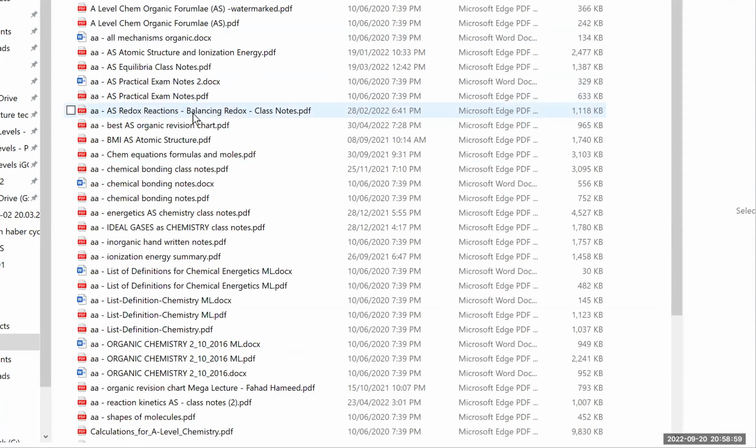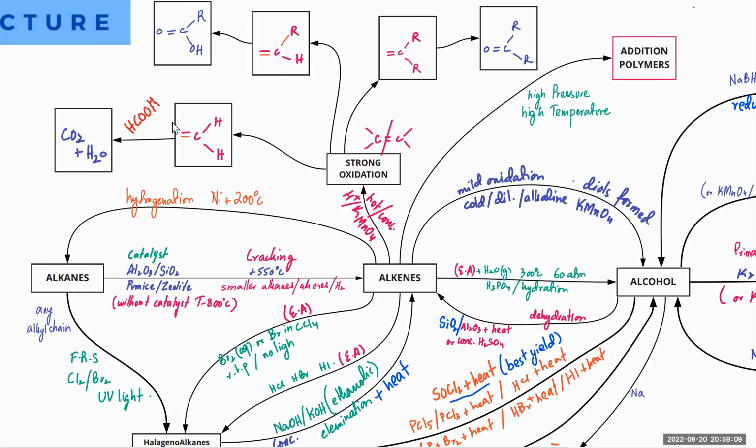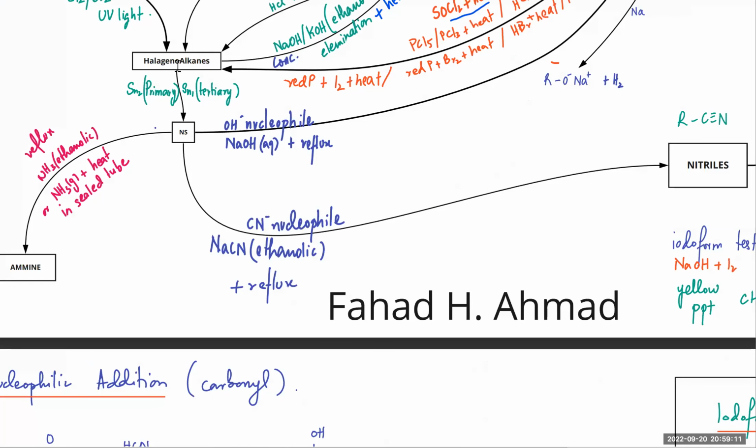So in AS you studied halogenoalkanes, and there were three nucleophilic substitution reactions. You can substitute the halogen with ammonia or with OH or with CN.